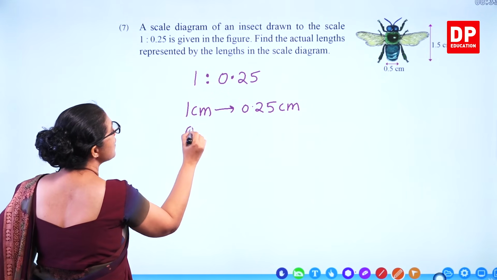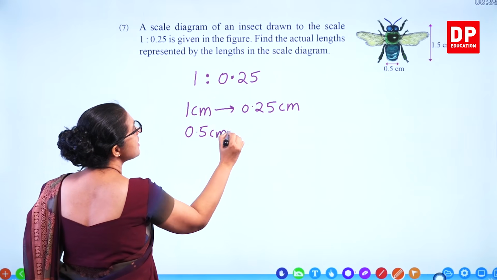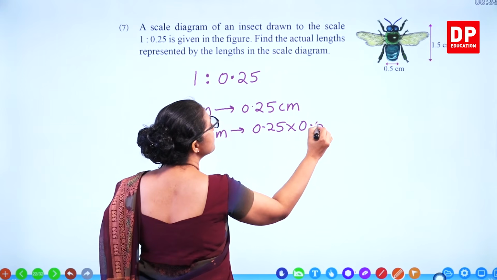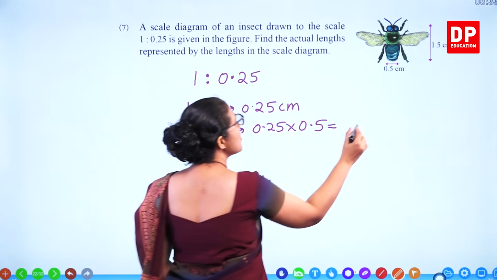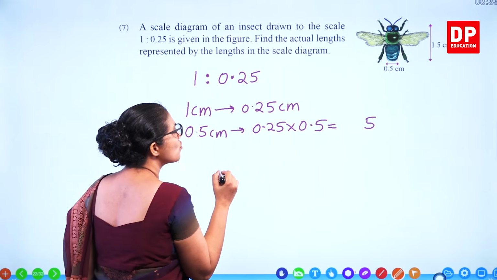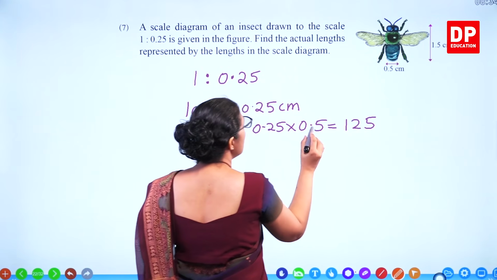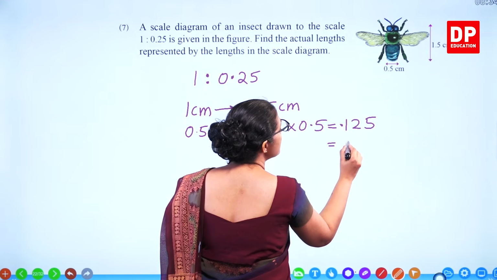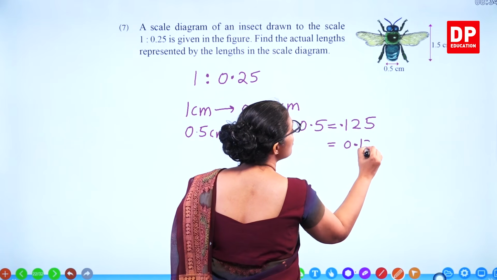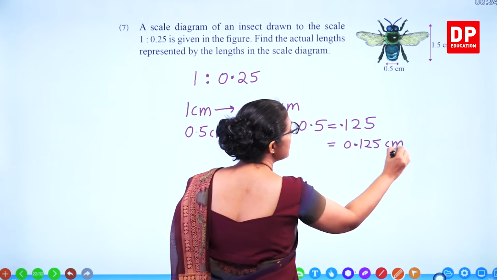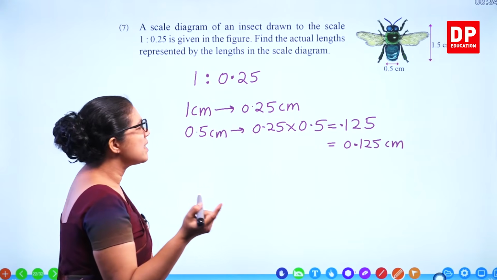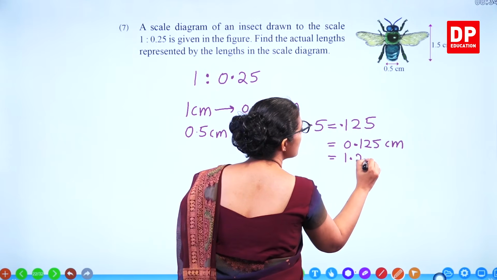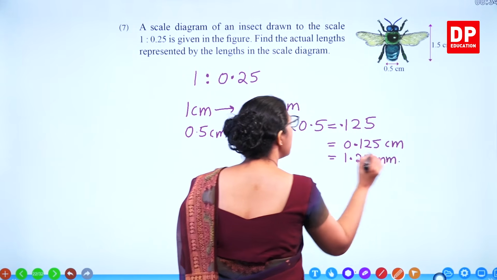This is 0.5 now. 0.5 centimeter means 0.25 multiplied by 0.5. So 5 times 5, 25, 2 remaining. 5 times 2, 10 plus 2, 12. 3 places you have to keep. So that means 0.125 centimeters, or you can convert to millimeters now. Multiply by 10, 1.25 millimeter length.